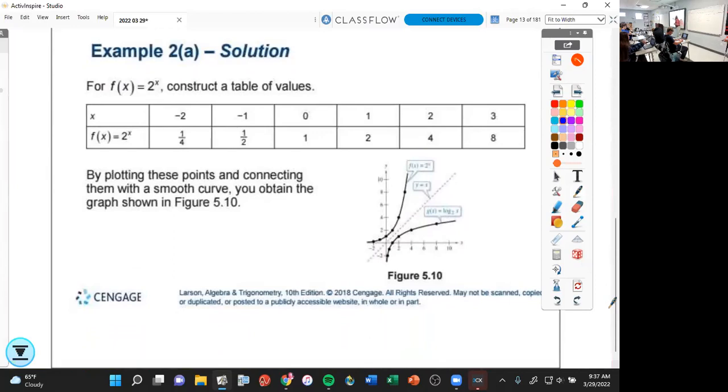On the graph of 2 to the x power, -1 goes to 1/2, -1, 1/2. Switch those, 1/2, -1. Y'all following all that? And then we can just keep going. All we have to do is graph one, swap the x and y, and there's the inverse. Questions on this?